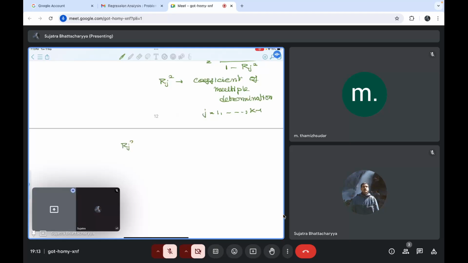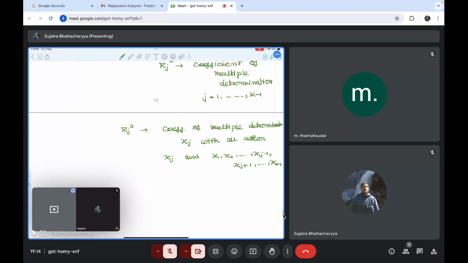This Rj square is the coefficient of multiple determination between xj and all other elements: x1, x2, up to xj minus 1, then xj plus 1, except for xj, all other variables. So xj with all other regressors.